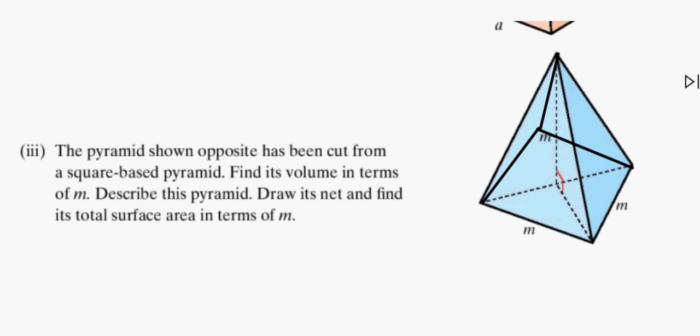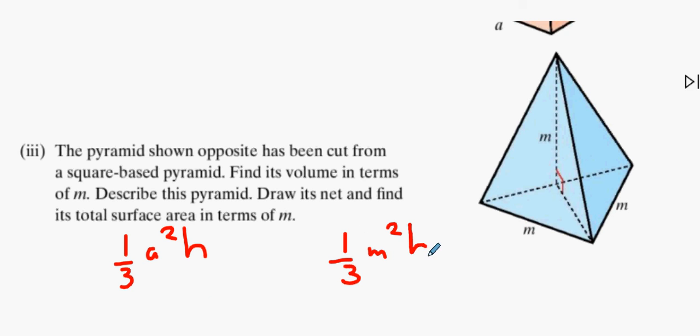Okay. Do we not already have the answer for a square base pyramid? Yeah. It's the volume of a square base pyramid, 1/3 a squared h, where a was the bottom. So in that case, the full square pyramid would be 1/3 m squared h, but we have half a pyramid, not a full pyramid.